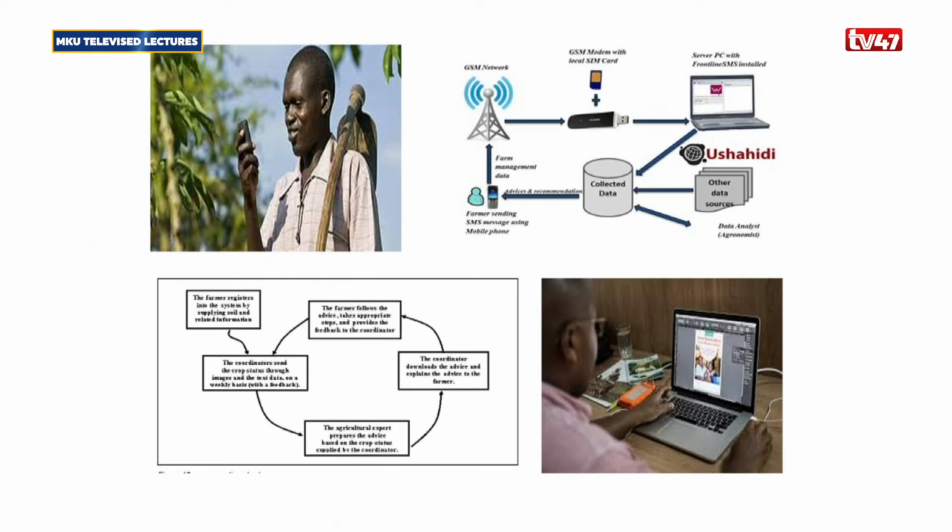Then the coordinator downloads the advice and explains the advice to the farmer, and the farmer follows the advice and takes appropriate steps and provides the feedback to the coordinator. This is the cycle that is going on. And you can see the farmer here does not know that this person is there, but they get the information instantaneously.